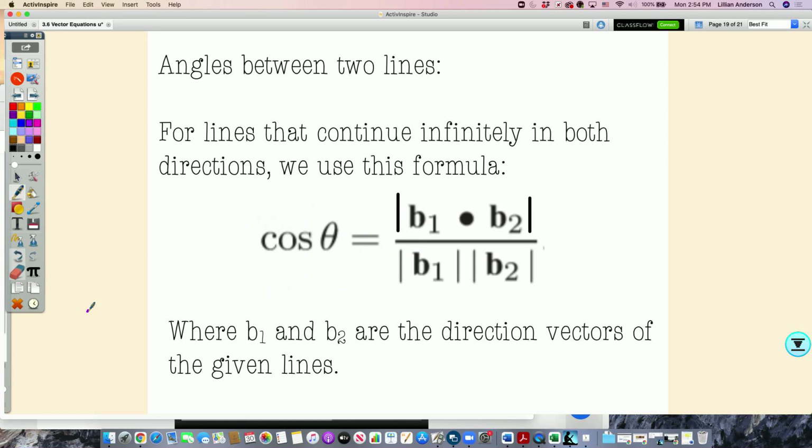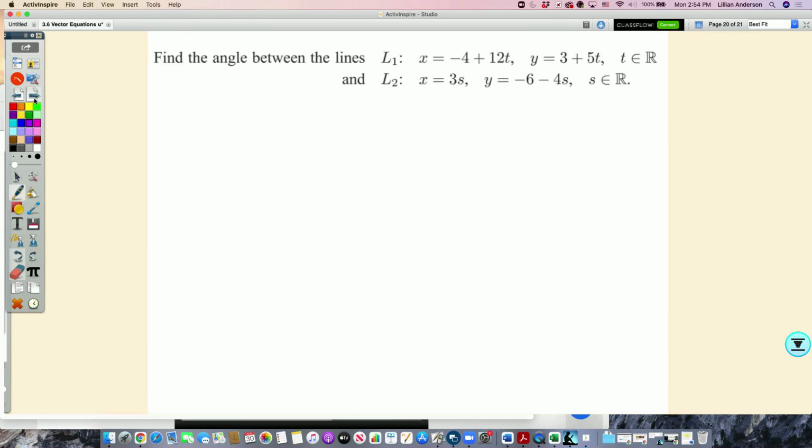So B1 and B2 are the direction vectors of the different lines. You have two lines written in parametric form, but that's okay because all you really need is the direction vector from both forms. What's the direction vector from L1? 12, 5.